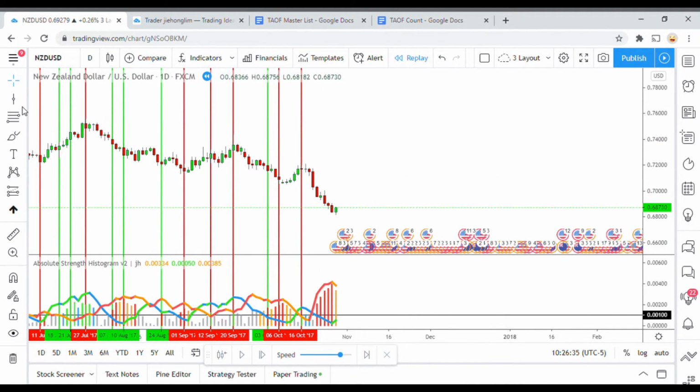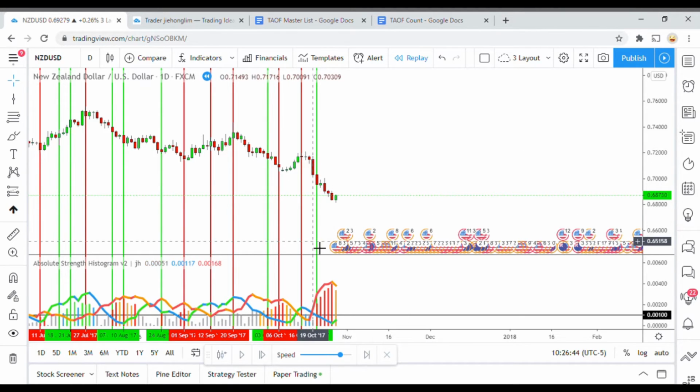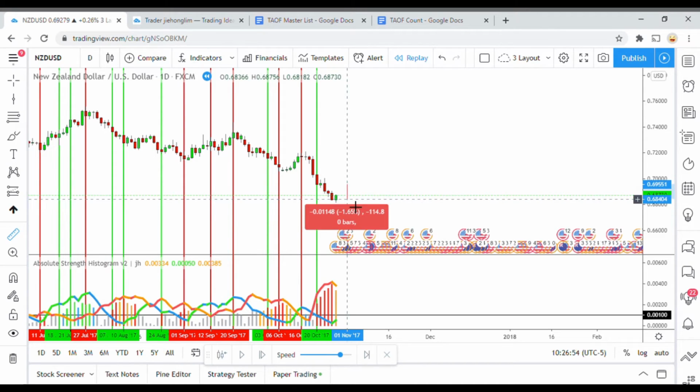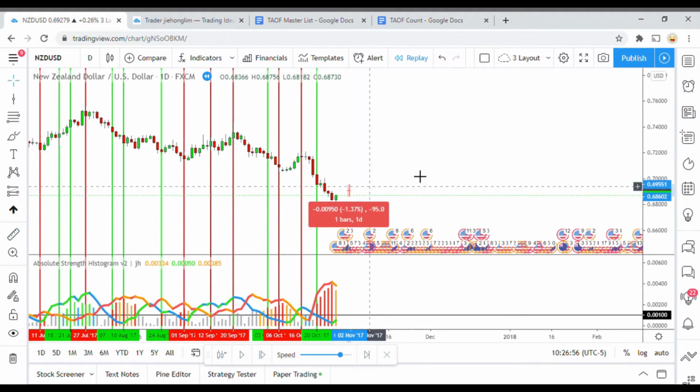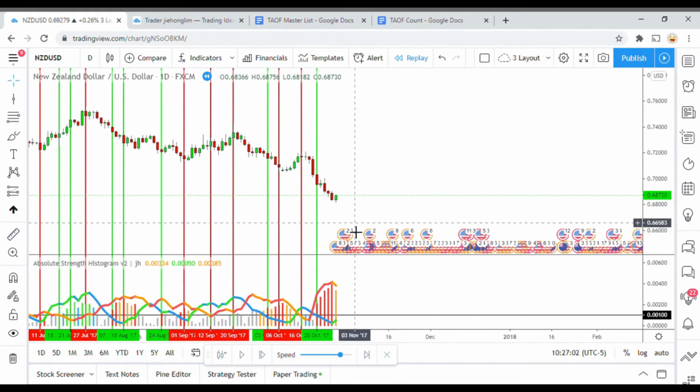Go ahead and play this one out. That one really nosedived, got us to take profit. And we would have been in, measure that out again.